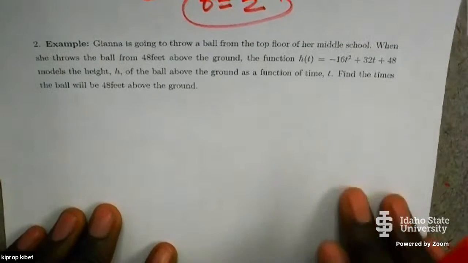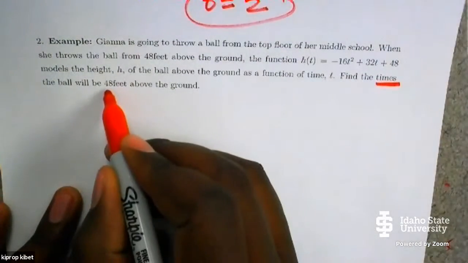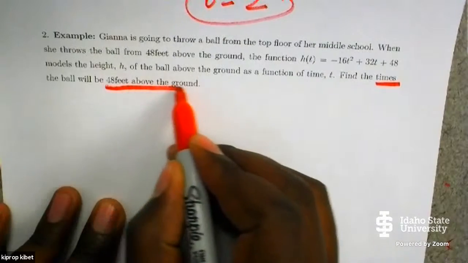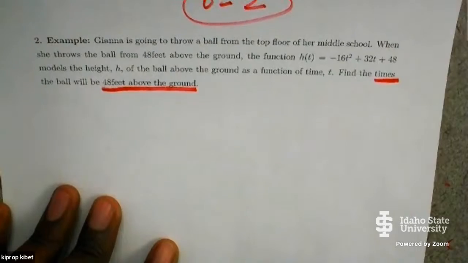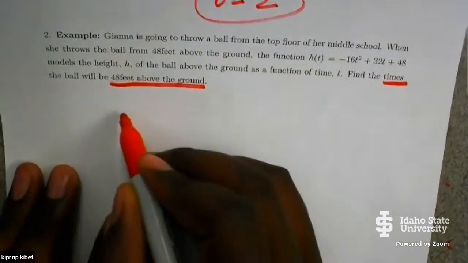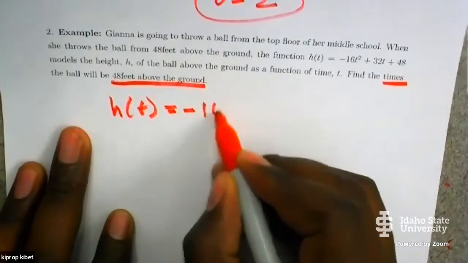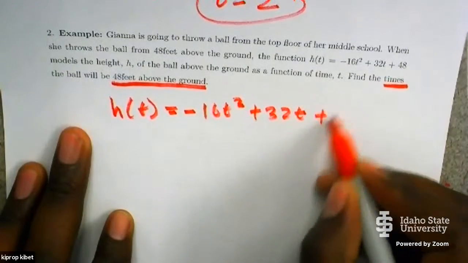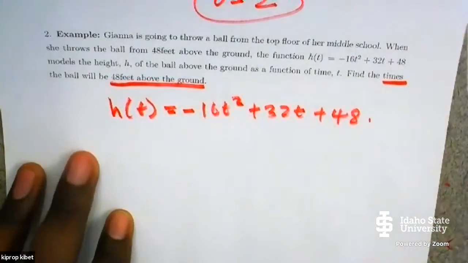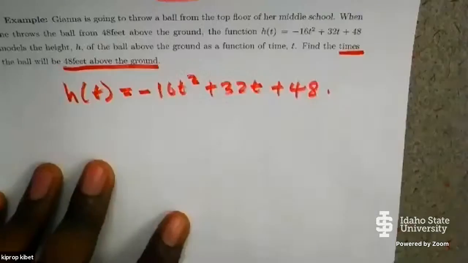Okay, so the question is asking to find the time it will be 48 feet above the ground. So our function h of t equals minus 16t squared plus 32t plus 48.